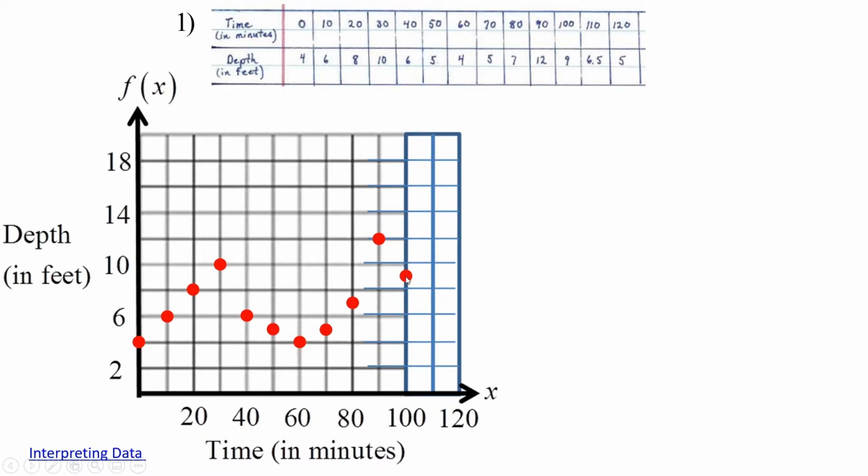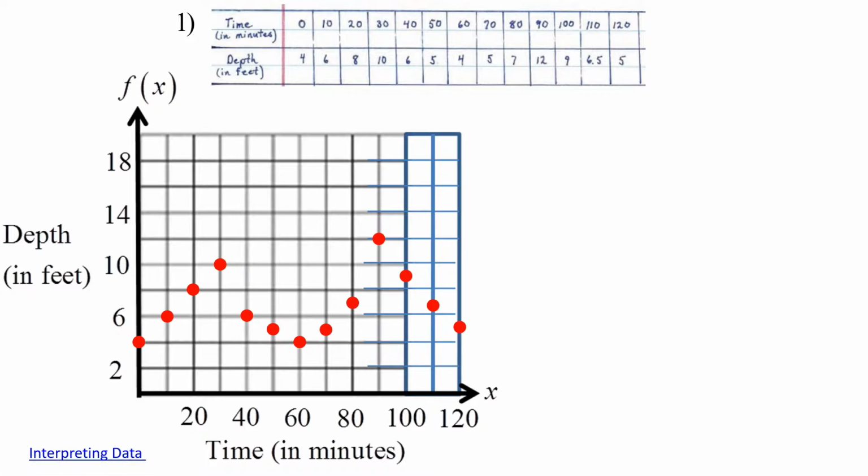And then at the 110-minute mark, I'm at 6.5 feet. It's our first decimal right there. All right, let's do our best. 2, 4, 6, 7, 6.5 would be about right there. Oh, look at that. And then at the 120-minute mark, their 2-hour float down the river, they're at 5 feet. 2, 4, 5, right there.